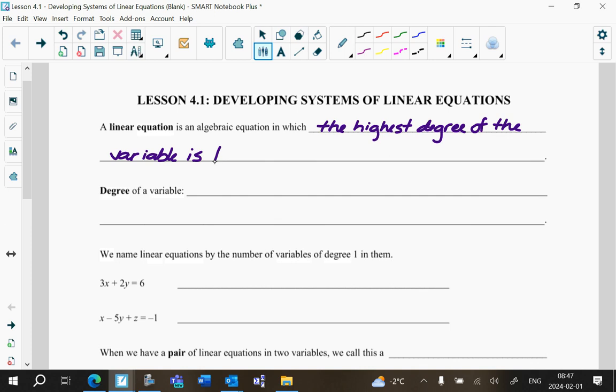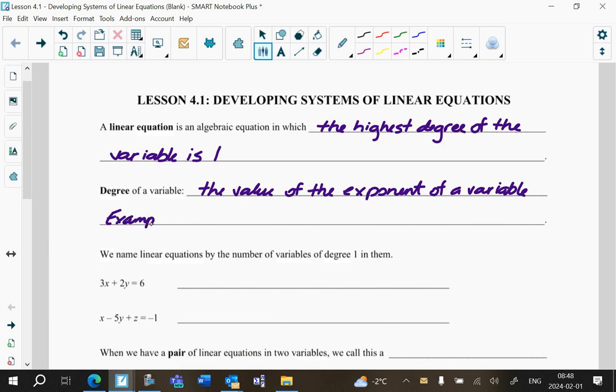Degree of a variable: the value of the exponent of a variable. So for example, if I give you this one, 2x plus 5 equals 15.